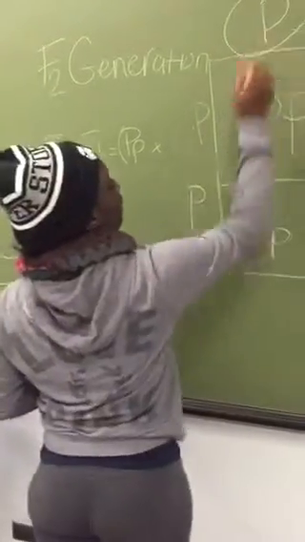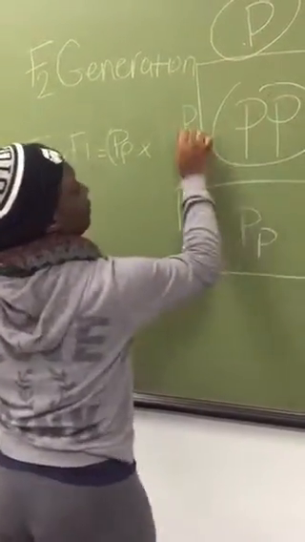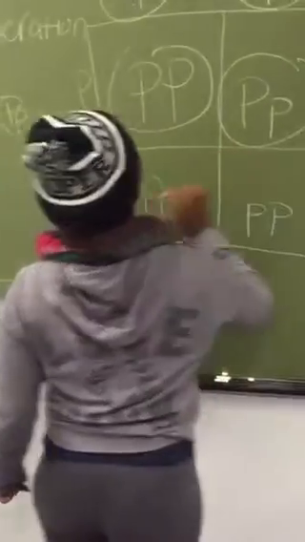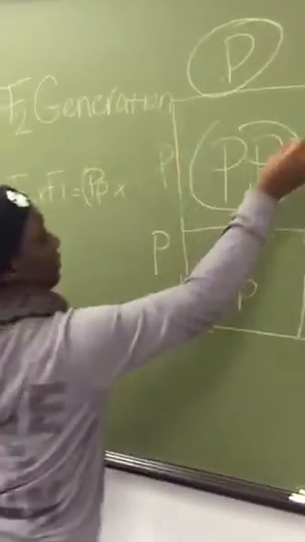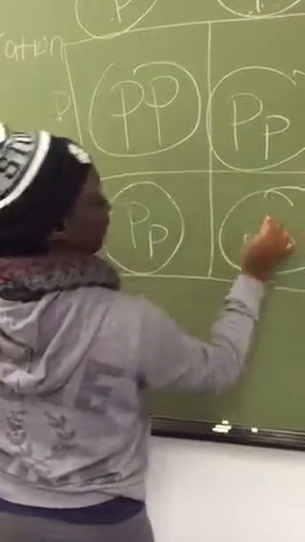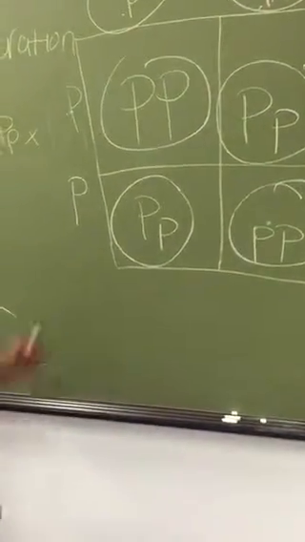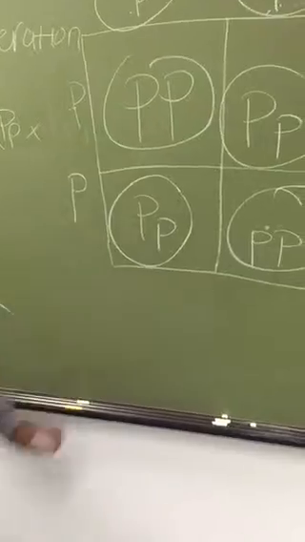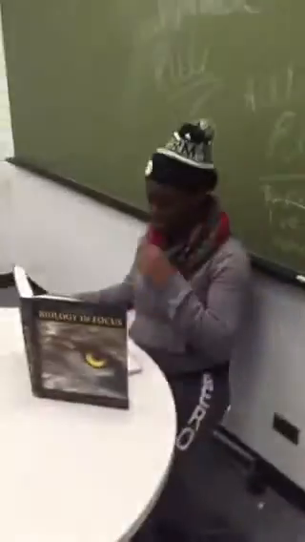So this P times this P makes this one. This P times this P makes this one. This P times this P, same thing. This P times this P, and there we have it. Punnett square. Back to that one. Rectangle.